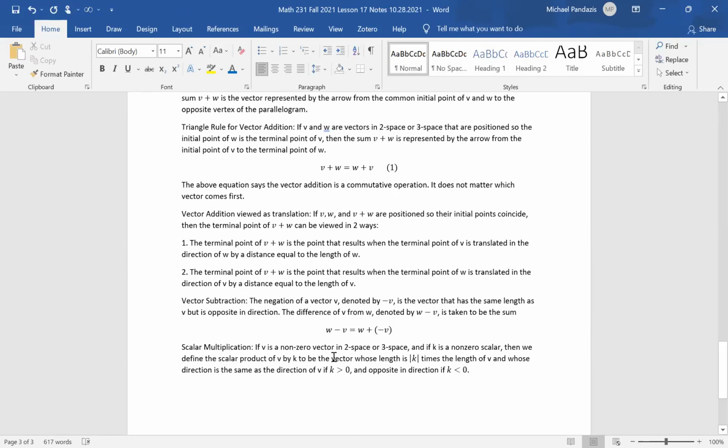Okay, and if k equals 0, then 0 times the vector gives you the 0 vector, and then the direction doesn't matter.